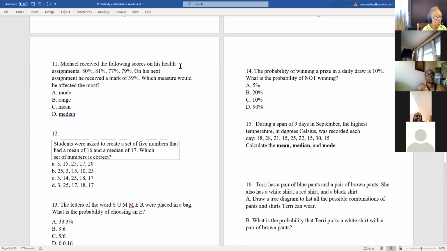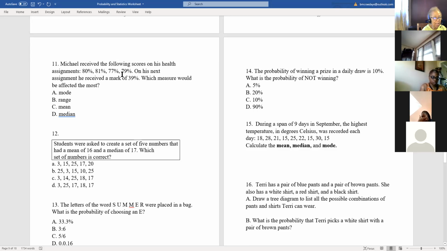Michael received the following scores on his health assignments: 80%, 81%, 77%, 79%. Now, on this next assignment, he received a score of 39%. Which measure would be affected the most by this score?